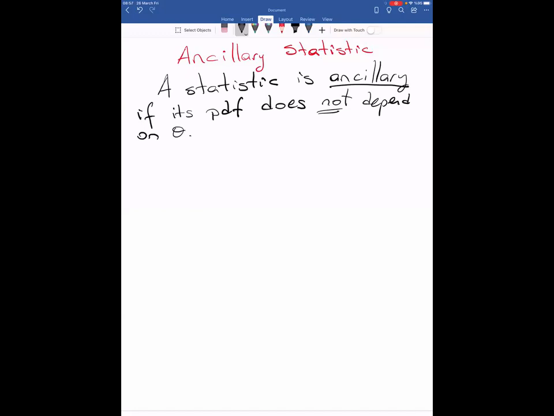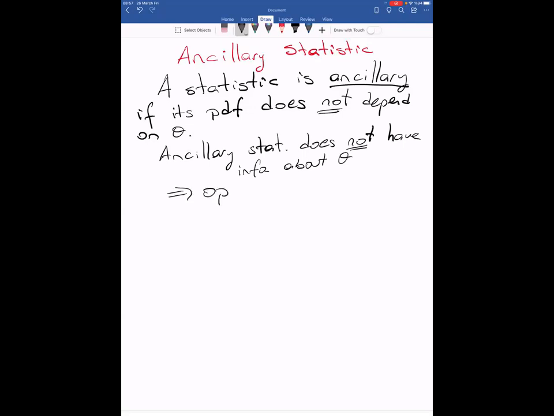So it does not have any information about theta, and we cannot use it to estimate the unknown parameter theta. They are just the opposite of sufficient statistics.